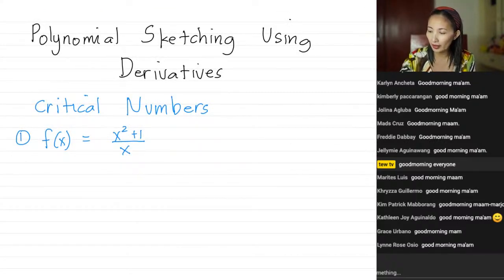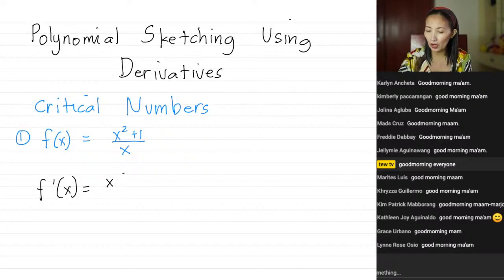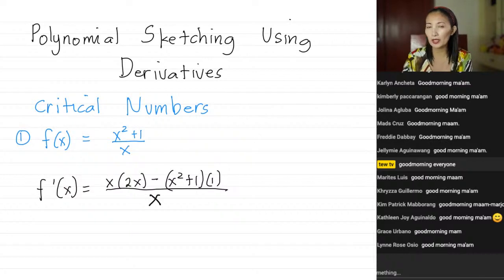F prime of x equals, this is a quotient, so we apply the quotient rule. Denominator times derivative of the numerator, 2x, minus the numerator, x squared plus 1, times derivative of the denominator, which is 1, all over the square of the denominator.